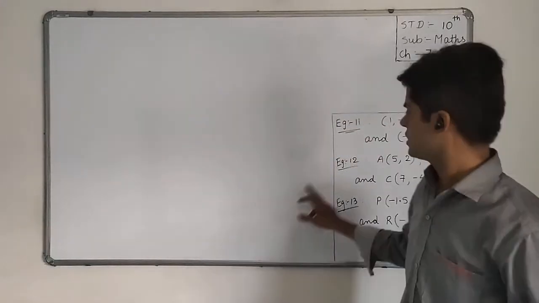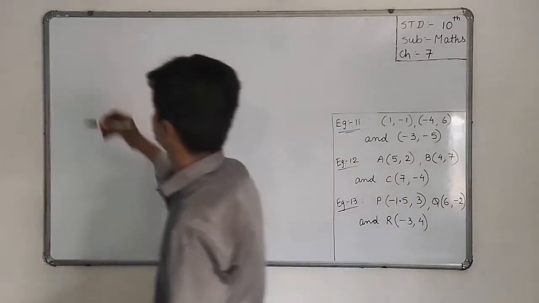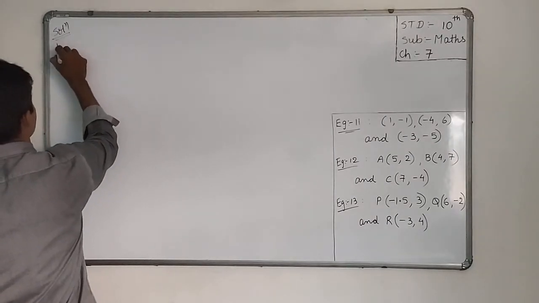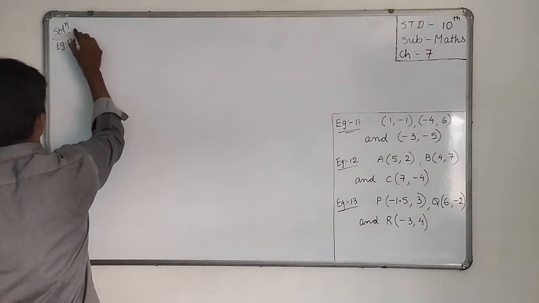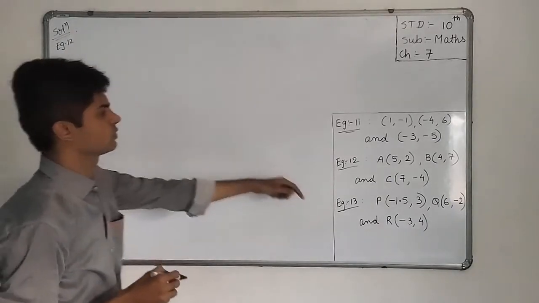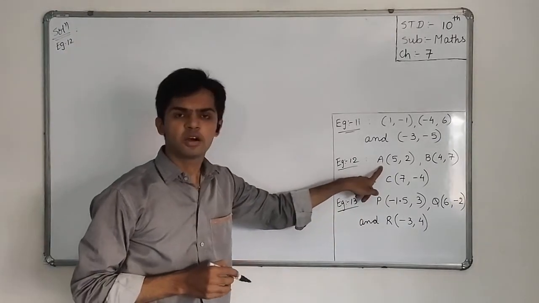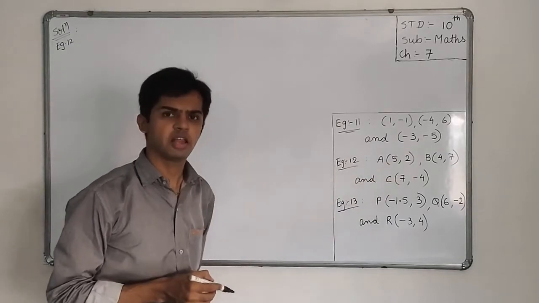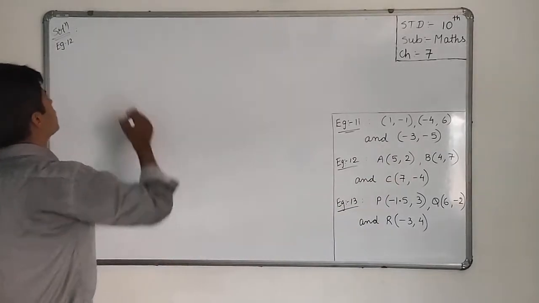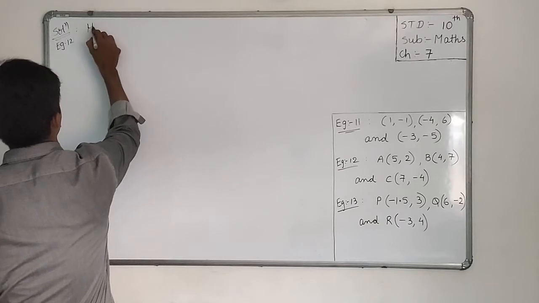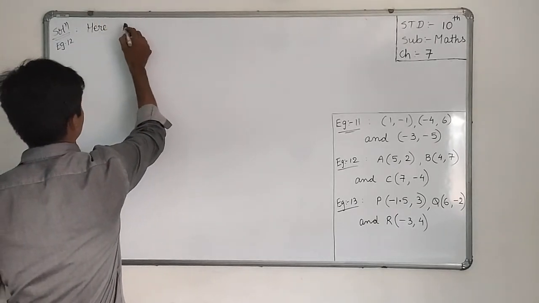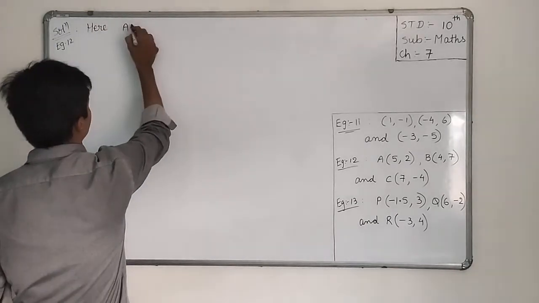Okay, so now let us start example 12. Here it is not necessary to draw the figure every time. Find the area of triangle when the coordinates of A, B and C are given like this. Let us write the coordinates only, then the formula. No need to draw the figure.